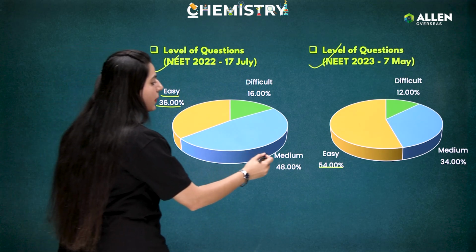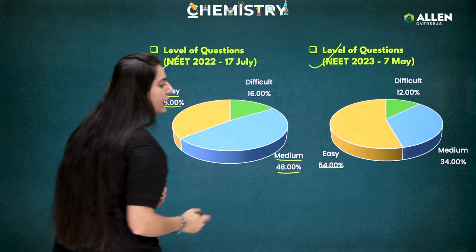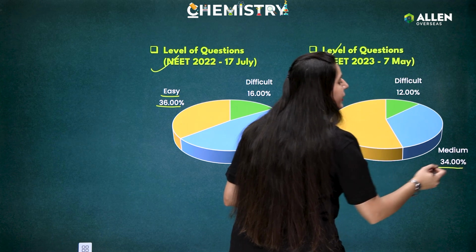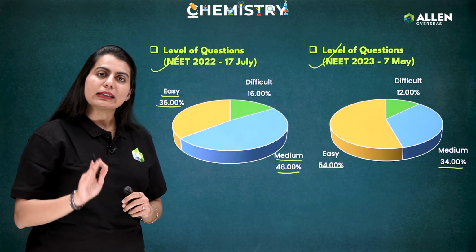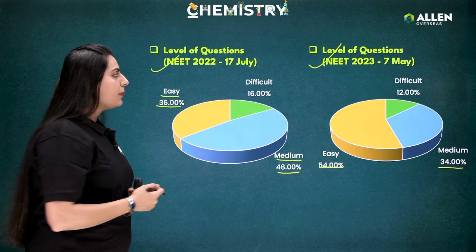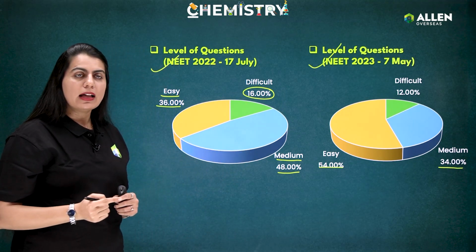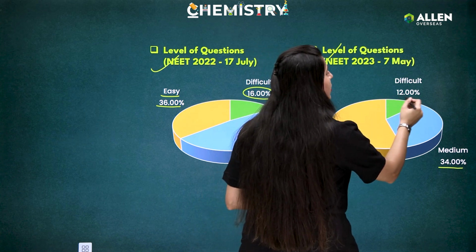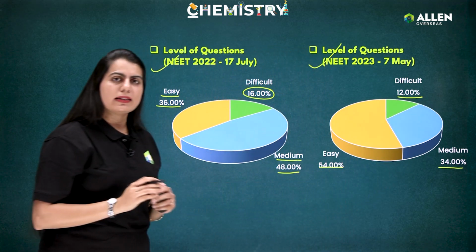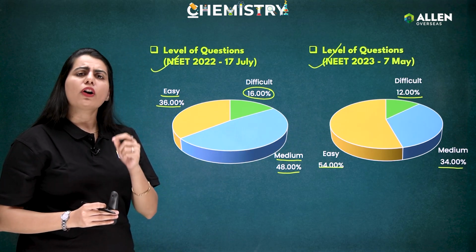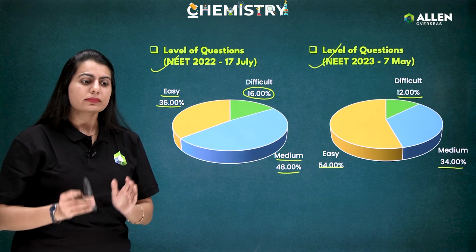Then if I talk about medium, it was 48%. And this year, the moderate level of questions which were asked were 34%. Coming to the difficult questions, it was 16% last year and this time it's 12%. So you can understand that still a certain portion of difficult or tricky questions were there.